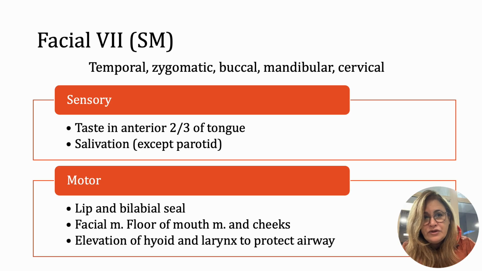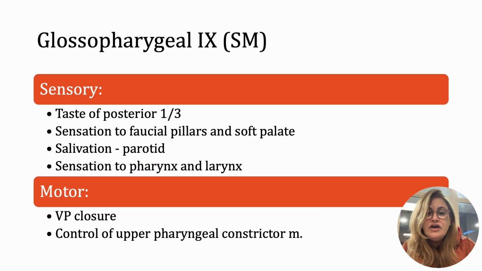So we already have trigeminal 5, facial 7, and then we have glossopharyngeal number 9. It is also a sensory and motor nerve. Sensory is in charge of the taste buds of the posterior third of the tongue, sensation of the facial pillars of the mouth and soft palate, salivation of the parotid gland, and sensation to the pharynx and larynx.